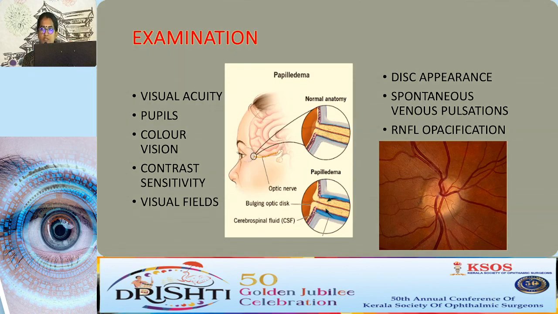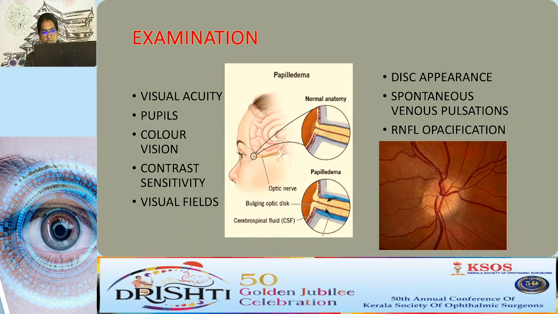Pupils: RAPD, in unilateral diseases involving the optic nerve, it is very common to get a RAPD. Color vision is also a very important test when you talk about disc edema, because color vision may be grossly defective, or in some cases like optic neuritis, you can actually have a color desaturation.